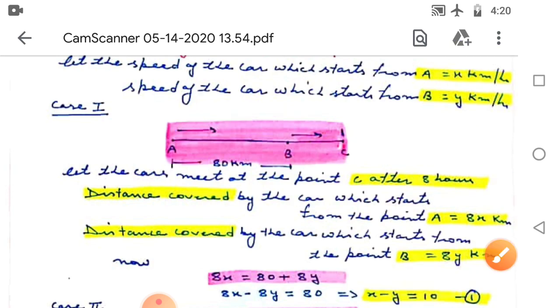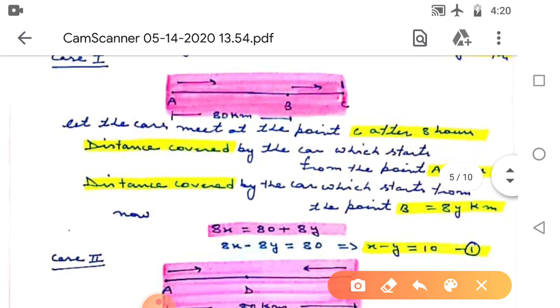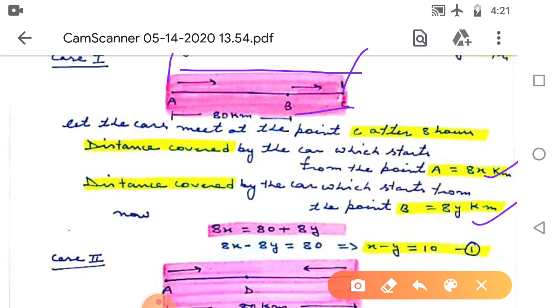Clear? Now, so what is the equation? This total distance is 8x, A to C, and B to C is 8y. So 8x is equal to AB plus BC.